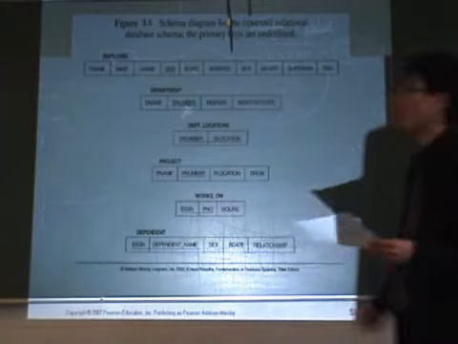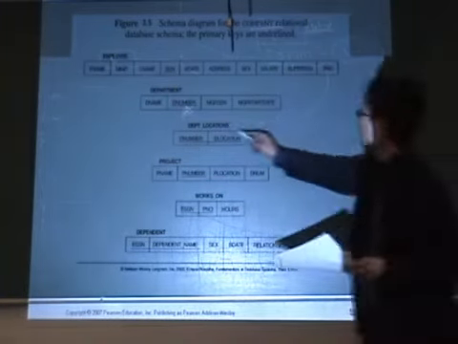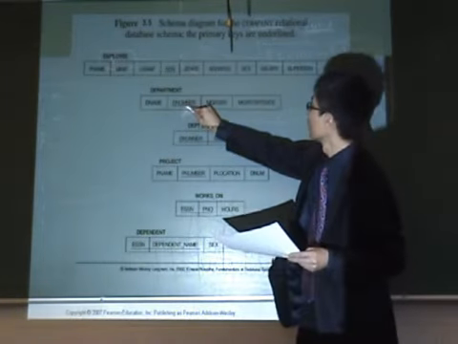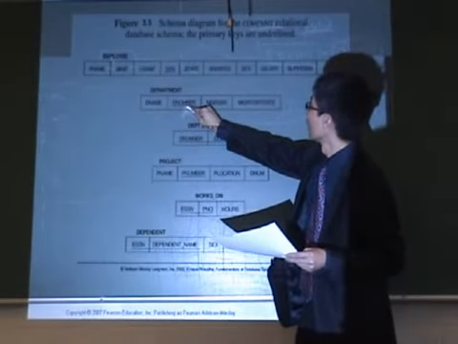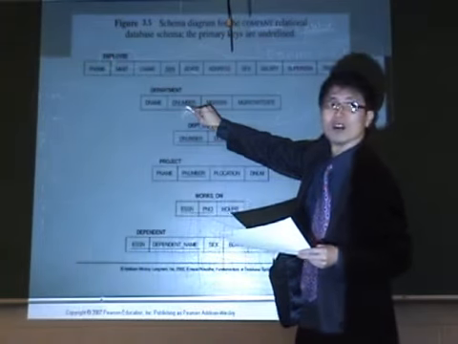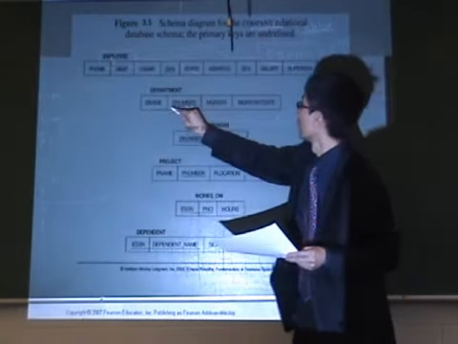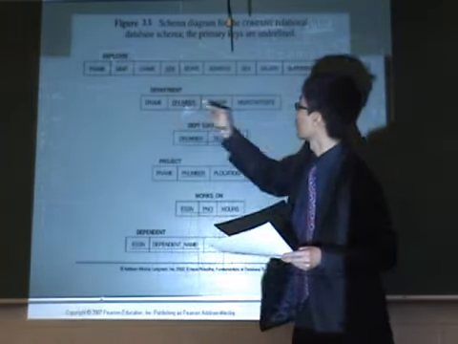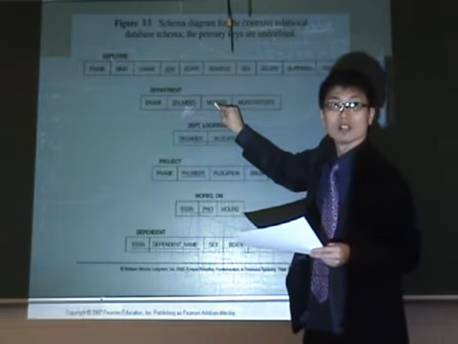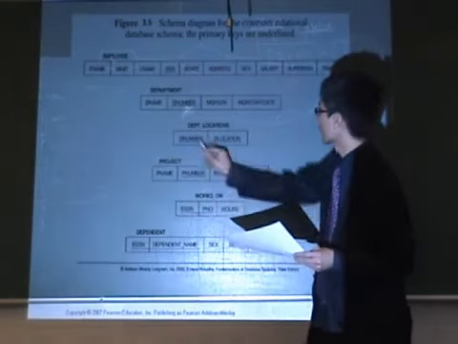Can you find one foreign key? Department number. Oh, he is answering. Okay, the department number in the employee, and the next one, the department number. At the bottom, this one. No, department number is in location.